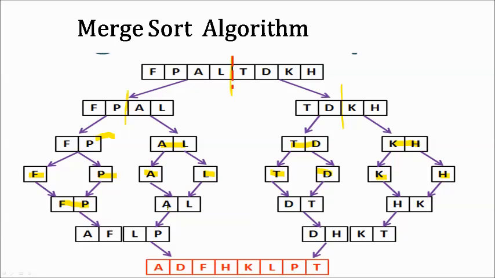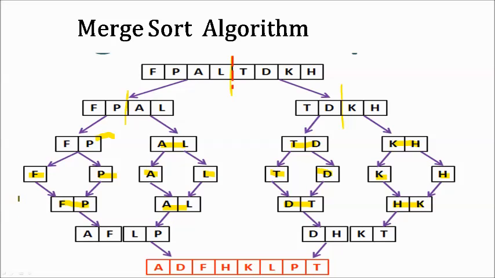Next, A and L merge, sorted. Next, T and D. D is less than T, so the places of T and D swap. We have D and T. Next, K and H, we have to merge and swap. That's why we have H and K.